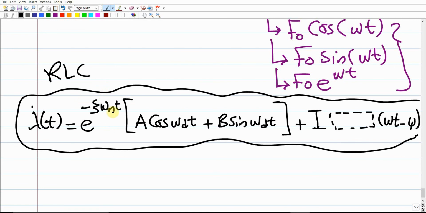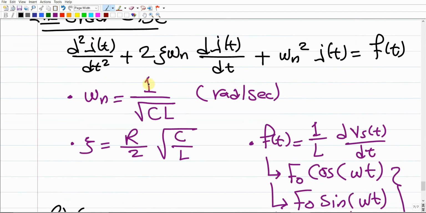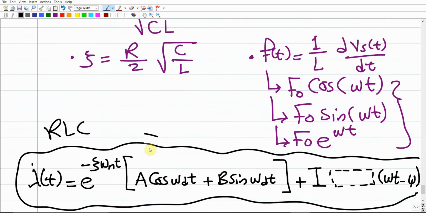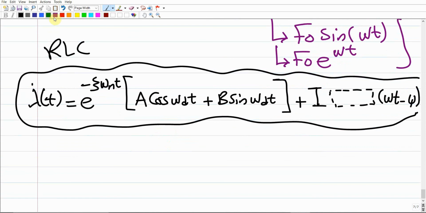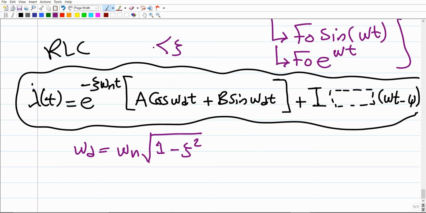We have the natural frequency, which is this one, 1 over the square root of CL. We have the damping frequency. This damping frequency, omega d, equals omega n times the square root of 1 minus xi squared, where this is only acceptable in case xi is between 0 and 1, or especially from 0 to 1.